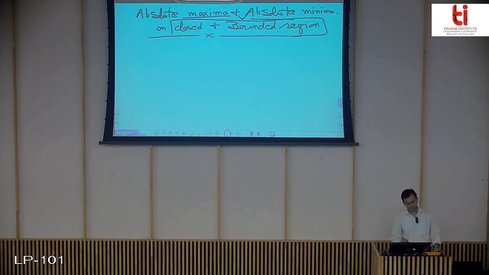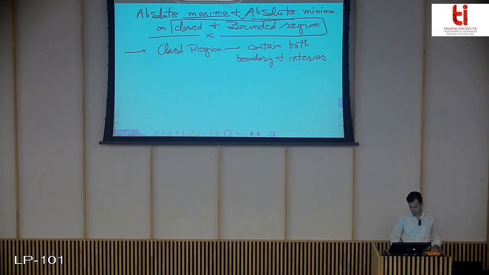So closed region, we have done it in the beginning. The region is something like a closed interval, open interval. A region in the xy plane is said to be closed if it not only contains its interior points but also the boundary points. So just to revise, it contains both boundary and interior points of the region.